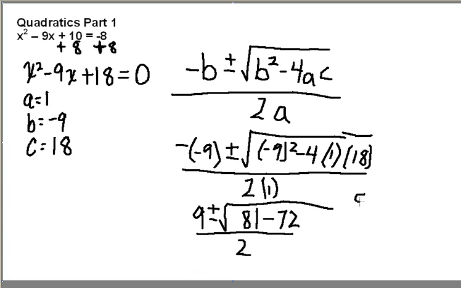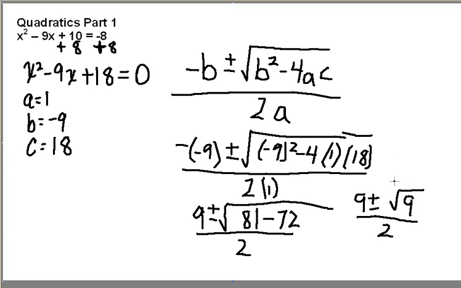Keep going, I get 9 plus or minus the square root of 81 minus 72, which gives me 9, the square root of 9, over 2. Well, we know the square root of 9 is going to be 3.